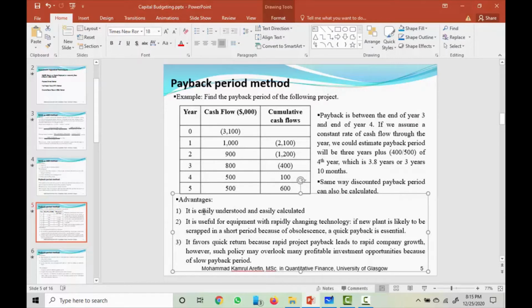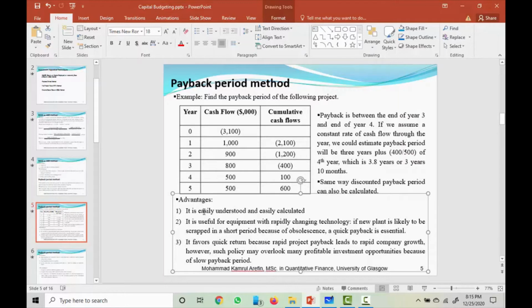For example, if a rickshaw puller buys a rickshaw at the price of 20,000 taka, before buying, the rickshaw puller wants to find out how long it will take to get the initial investment of 20,000 taka back.